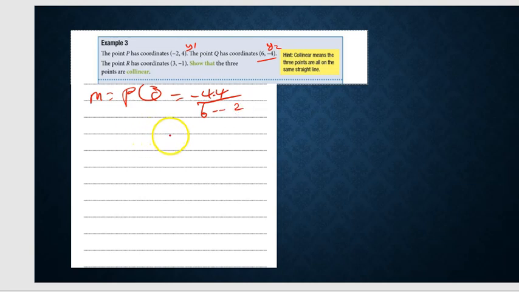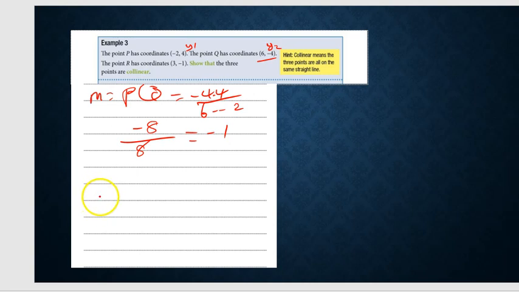So -4 minus 4 gives -8. Then what is -8 divided by 8? Because it is 6 plus 8, minus becomes plus. So you are going to get -1.